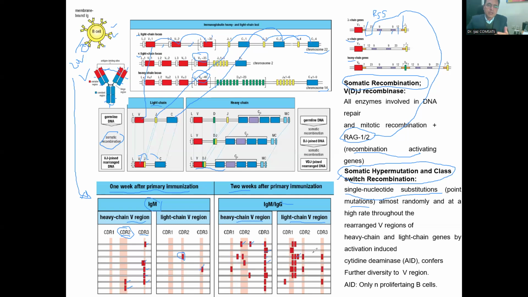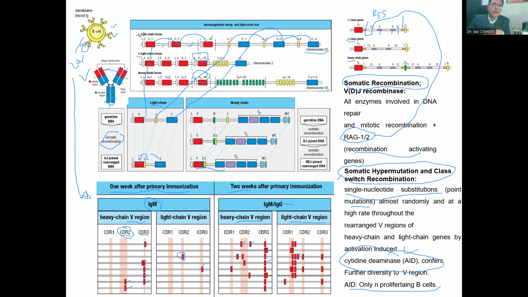It knows what kind of antibody should be synthesized, and now this binding is further strengthened with the help of this particular process. And this is accomplished with the help of cytidine deaminase, an enzyme, AID, expressed only in the proliferating B cells. So this was about the antibodies.